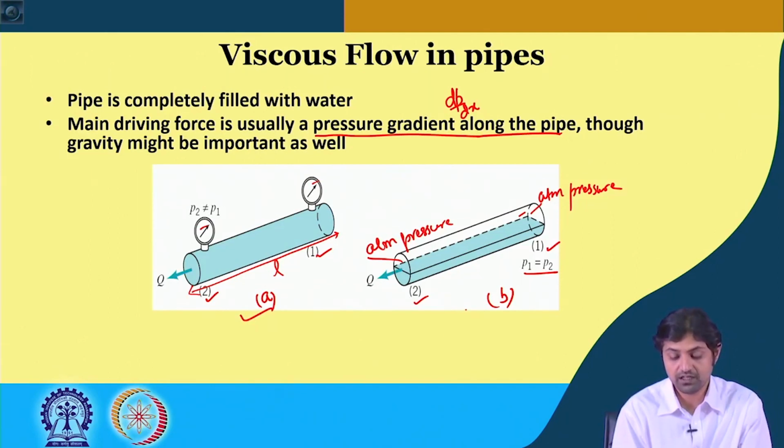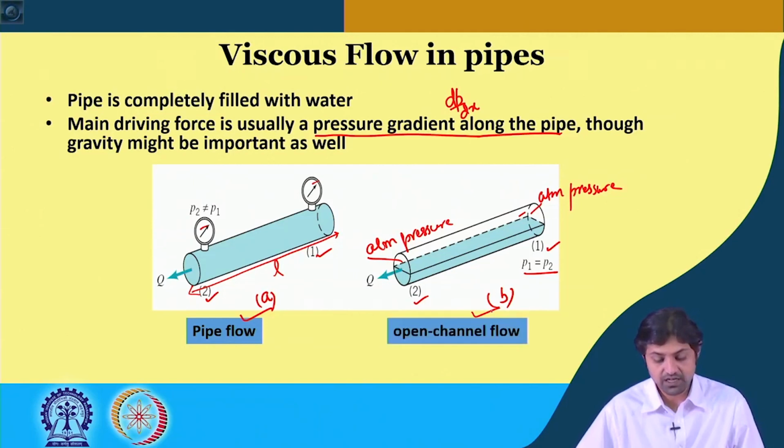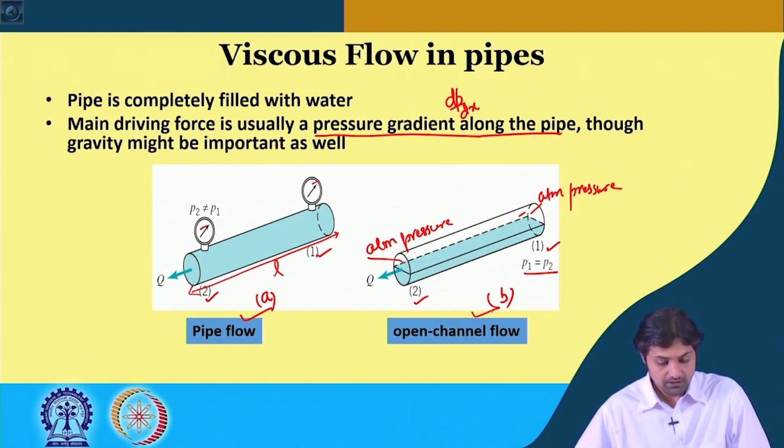The flow is occurring and it has a free surface, which means it is an open channel flow. So the figure on the left is pipe flow, and the figure on the right-hand side is open channel flow, because it has an exposed free surface to the atmosphere, and the main driving force here was gravity.